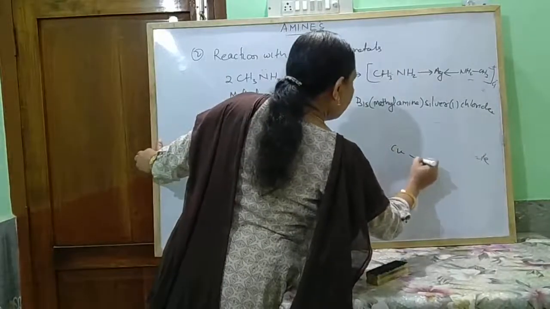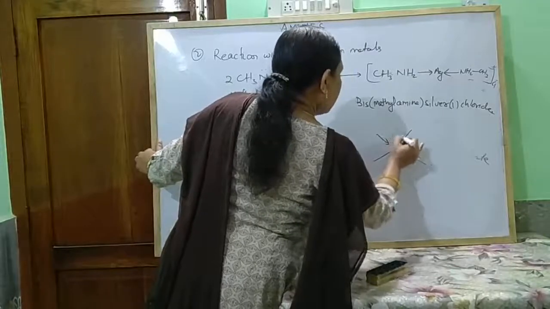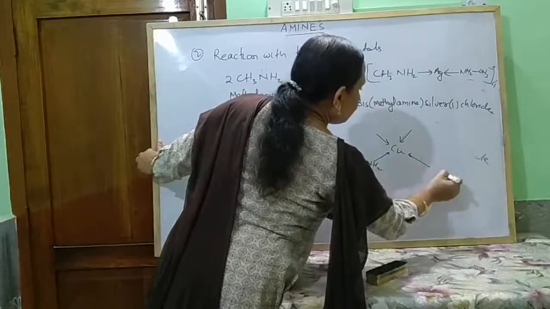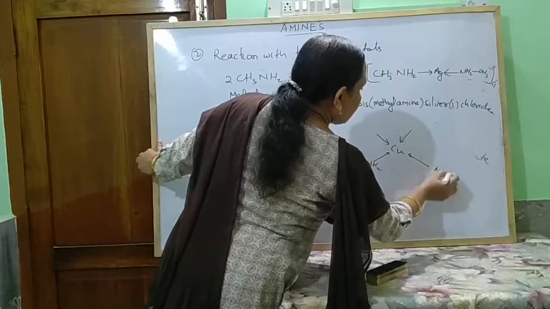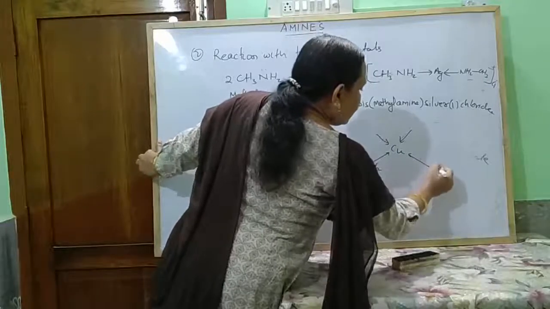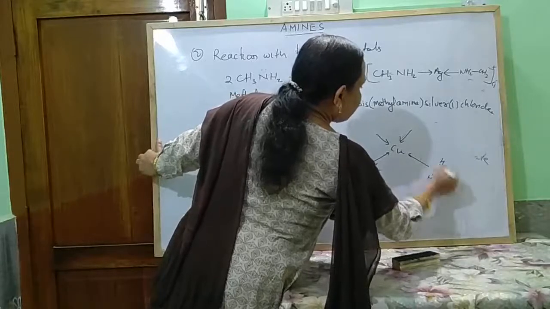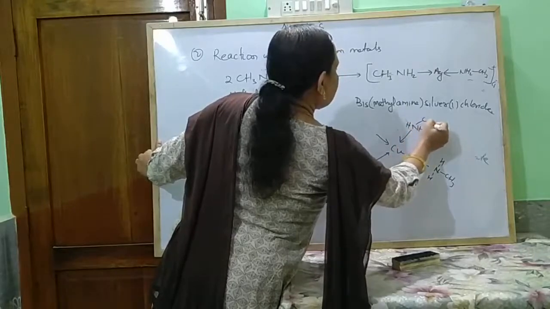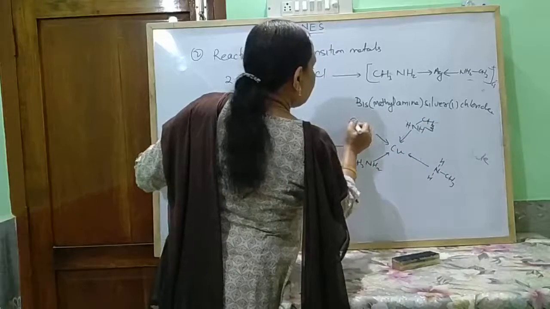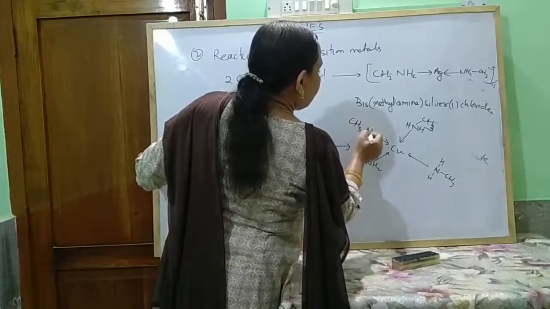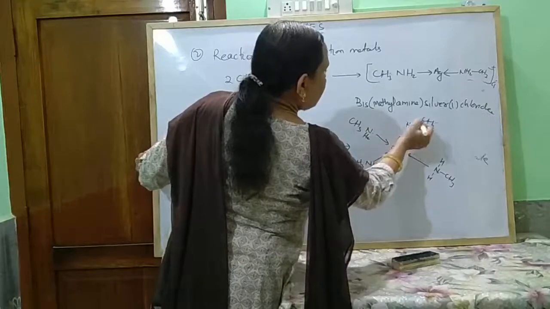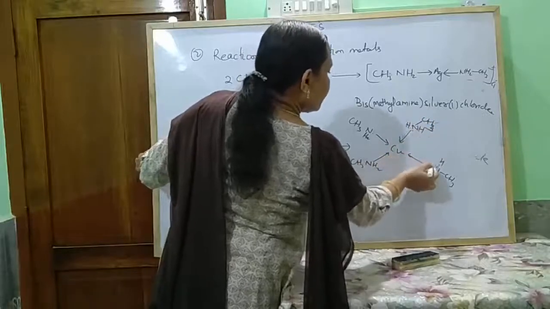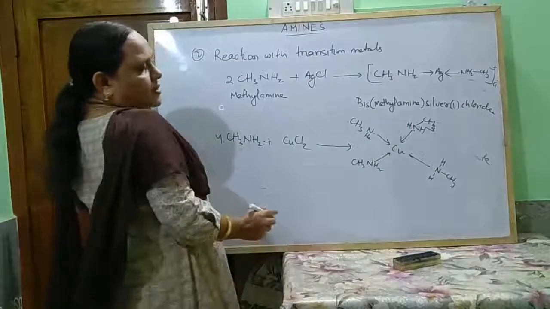So Cu with four CH3NH2 groups around it. This lone pair of electrons on nitrogen forms a coordinate bond with copper.